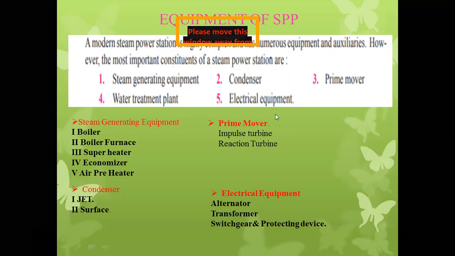And in case of the reaction turbine, there are two types of blades, one fixed blade and another one is moving blades. So tell me the moving blades and fixed blade, what are their functions? Tell me. Fixed blade acts as, tell me anyone. Yes, tell me what is the construction of reaction turbine? Same thing in this also we have to see.